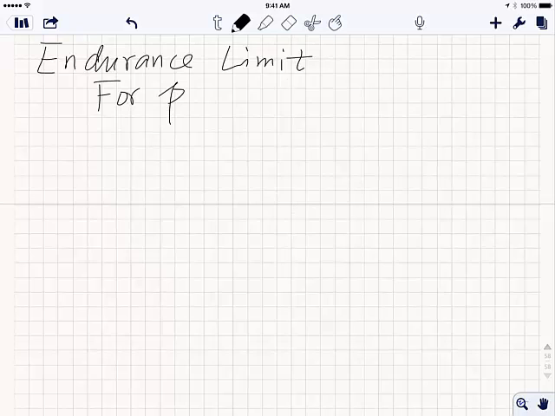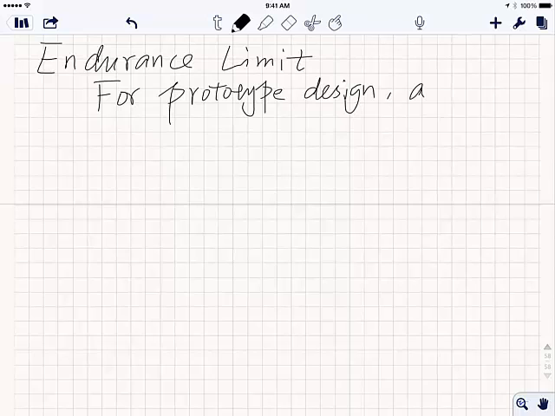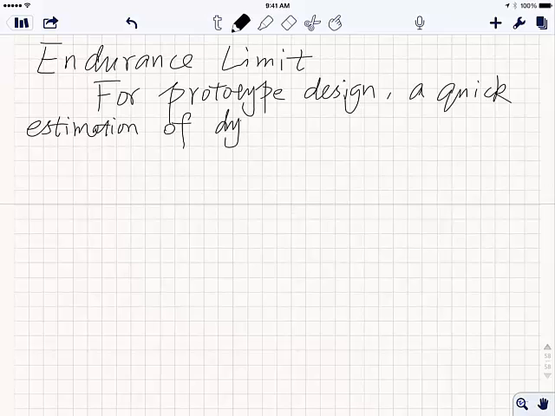It is a quick estimation of dynamic strength. All right, so basically the endurance limit is a quick estimation of dynamic strength, all right? Similar concept to static strength.